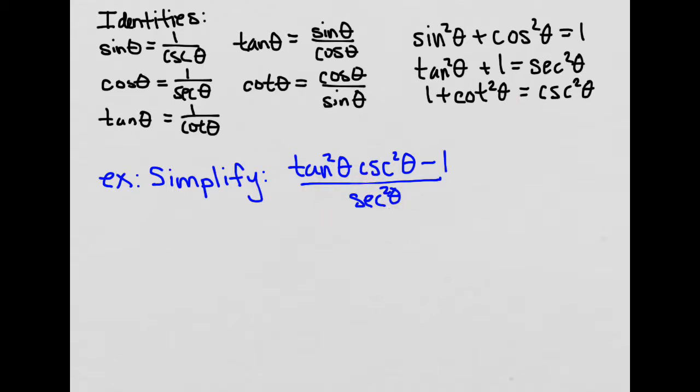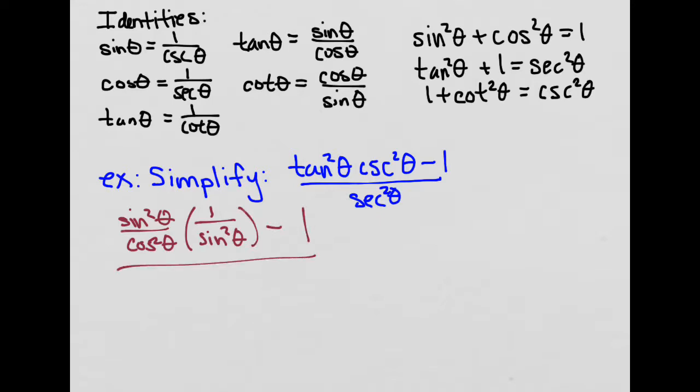So tangent squared would be sine squared over cosine squared. Cosecant squared would be, let's see, 1 over cosecant is sine, so cosecant would be 1 over sine. So that will be 1 over sine squared. And then minus 1, and secant squared, that would be 1 over cosine squared.